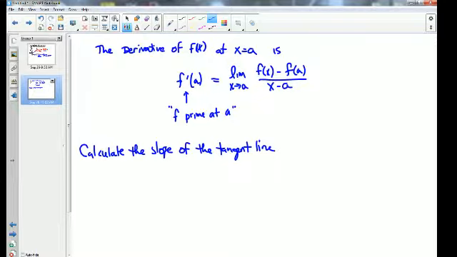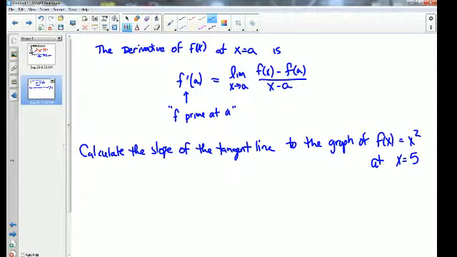We're going to calculate the slope of a tangent line to the graph of f of x equals x squared at x equals 5.